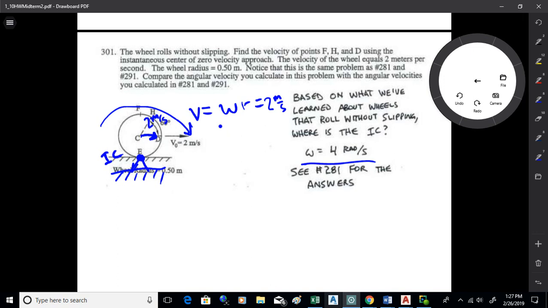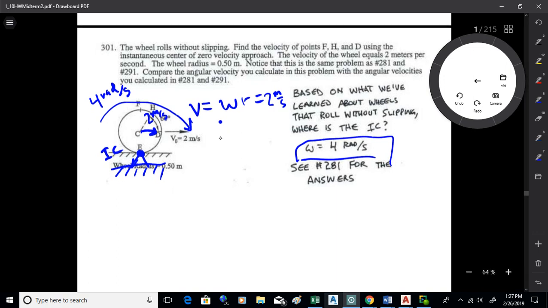Now also, omega is omega. I mean, omega is 4 radians per second, regardless of how you find it. If you have omega, you found it for all methods. There is one omega for the object that holds for the relative velocity and the instantaneous center method. So what we're seeing here is this distance is 0.5 meters.